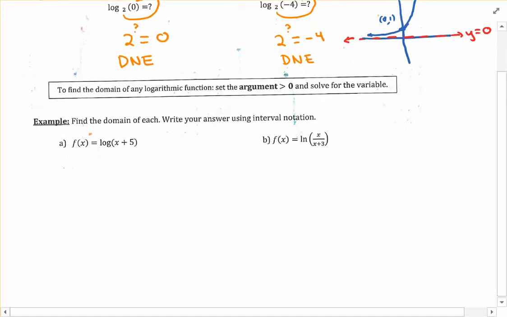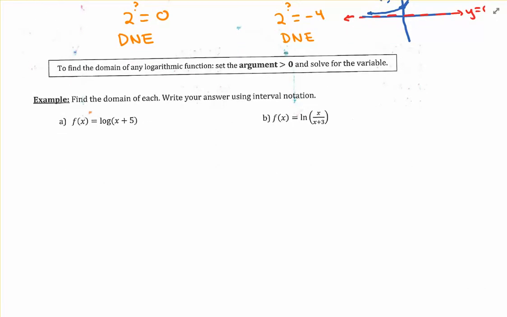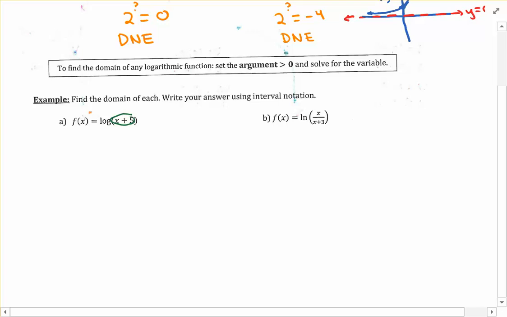Let me illustrate this. Our first example is f of x equals log. Notice the base isn't written, so we assume it's 10. In the argument, we have the expression x plus 5. According to everything above, x plus 5 is only allowed to come out to be a positive number.